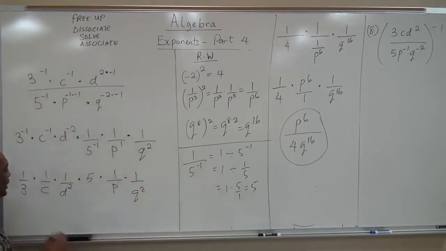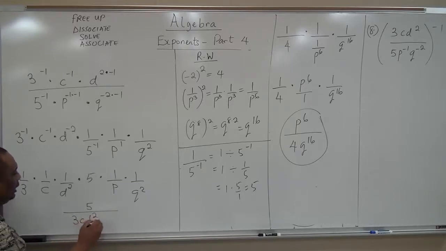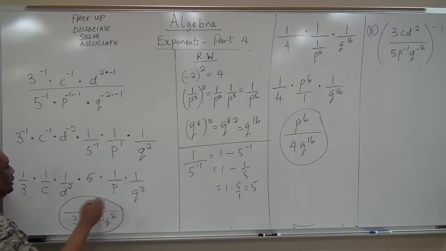And then you can associate this: 5 is the only guy on the numerator, all over 3cd squared pq squared. And this becomes yours. Yeah, this means like 5 over 1, if you want to put it as a fraction.